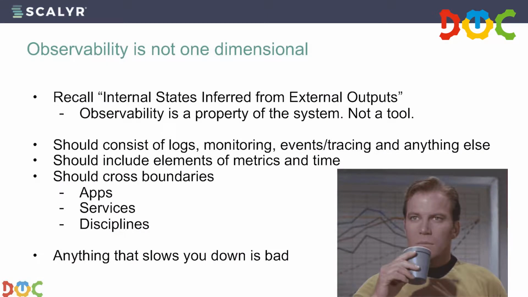It is not one-dimensional. You'll hear quite often a lot of people talk about observability as, oh, it's a metrics dashboard, or oh, it's just an event. That's actually not the case. Each of those pieces by themselves will only give you part of the picture that allows you to figure out what actually is going on inside of the application rather than just what's happening at a specific point in time.